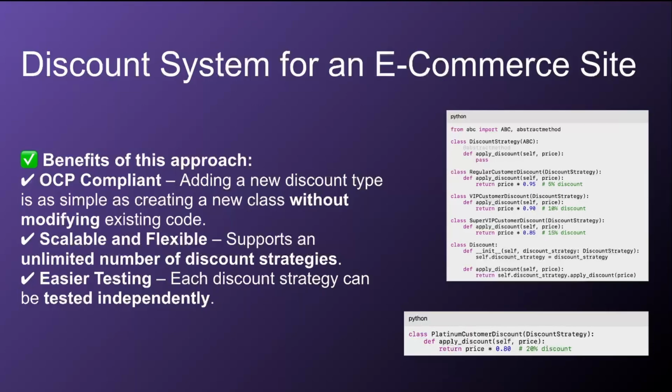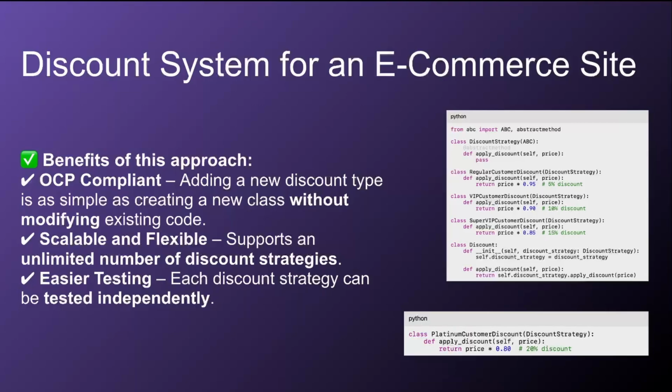It is scalable and flexible. So now we can have 1000, 10,000, any number of discount strategies without making the Discount class code longer, and there is no need to modify it whenever we add, remove, or edit a discount strategy. And testing is easier.